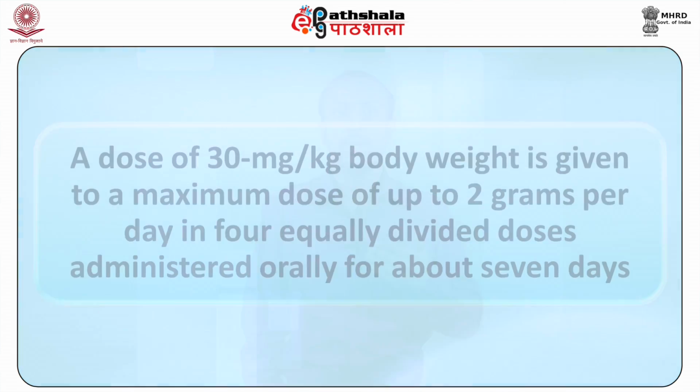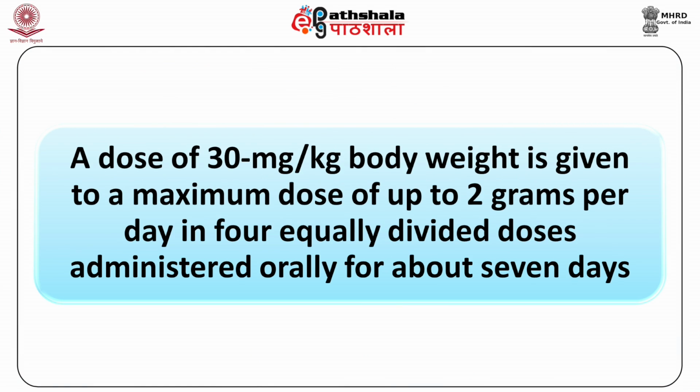It is especially useful in hepatolenticular degeneration, Wilson's disease, which is caused by a disorder of copper metabolism. A dose of 30 mg per kg body weight is given, to a maximum dose of up to 2 grams per day, in 4 equally divided doses administered orally for about 7 days.